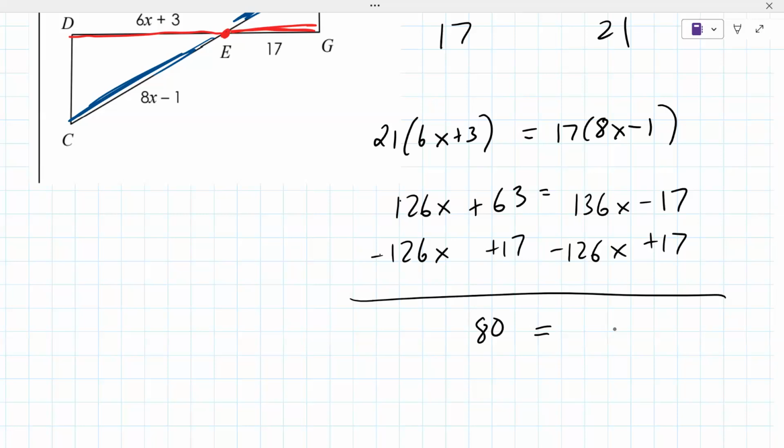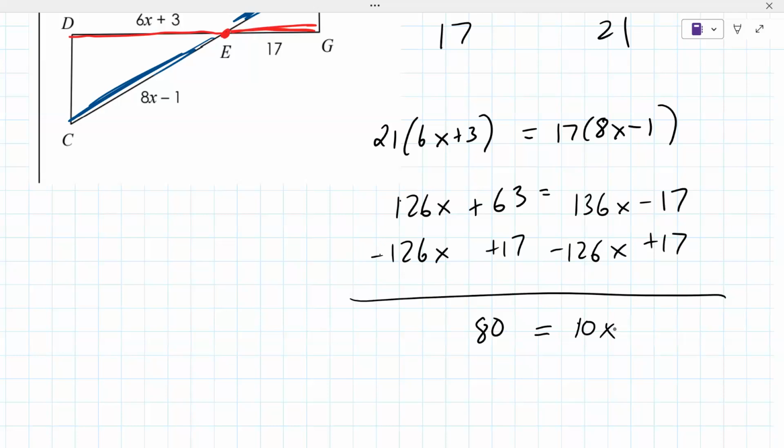You're subtracting 136 minus 126. Sorry. Yeah, 10x. Sorry.